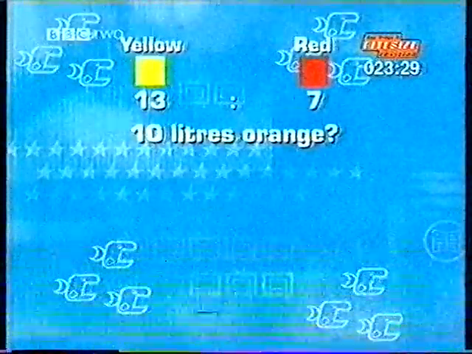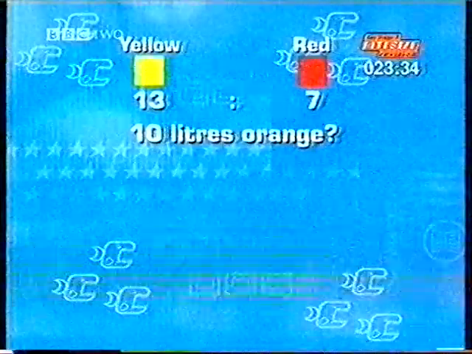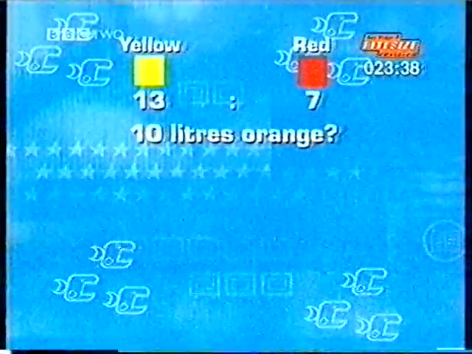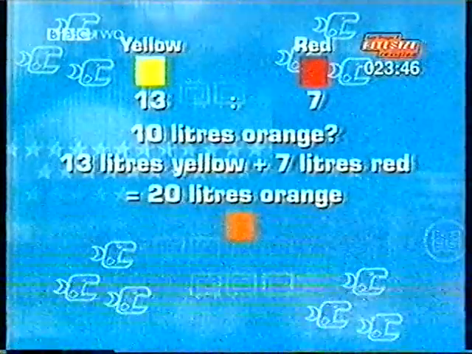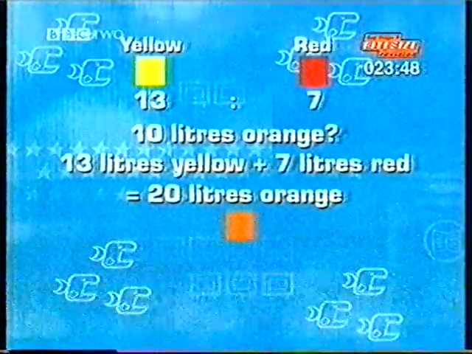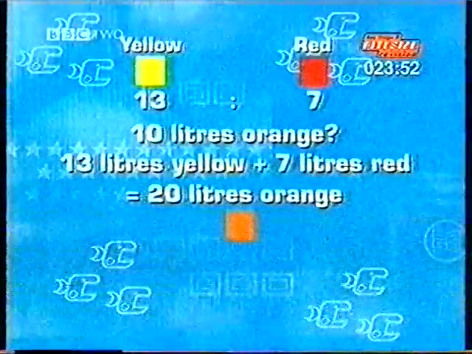Again, the question has told us the units we are dealing in, litres. So let's assume it is 13 litres to 7 litres. 13 litres of yellow and 7 litres of red. That's 13 plus 7, 20 litres of orange paint altogether. But we are looking for 10 litres of orange paint. That's half the amount.